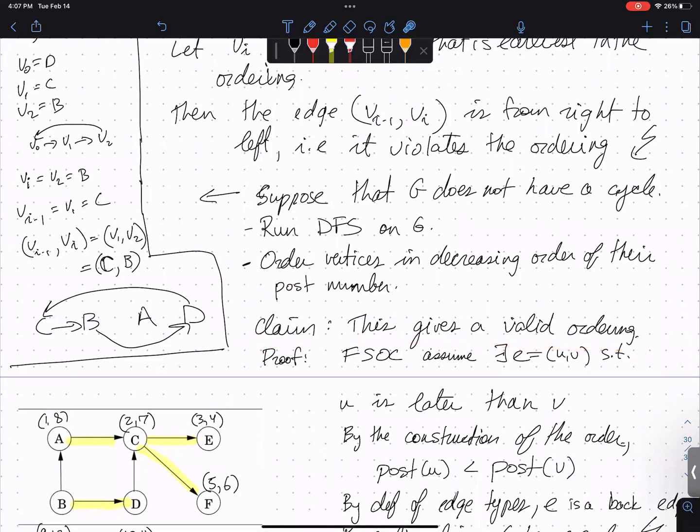Remember, so far, we haven't used anything about the fact that G doesn't have a cycle, right? We just ran a DFS and created an ordering. Okay. But now to prove that this ordering is valid, we are going to rely on the fact that G does not have a cycle.